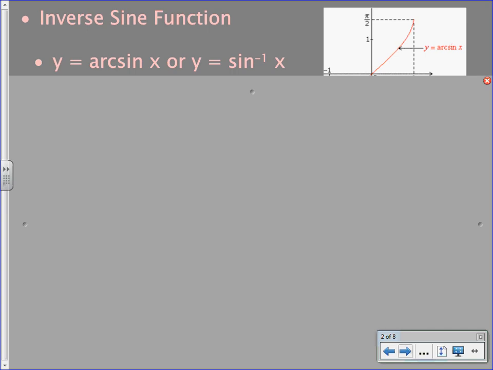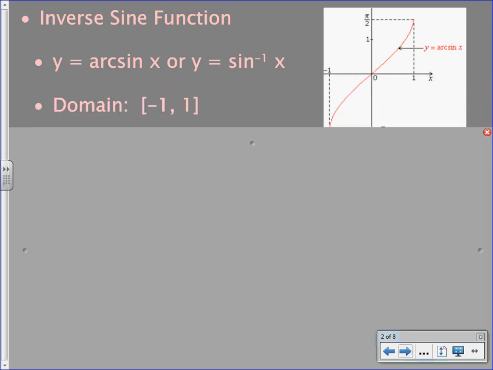Our range. What's our range? -1 to 1, right? Our range stretches from -1 to 1, which means the domain of our inverse is -1 to 1. That's important. Write it down. The domain is -1 to 1.